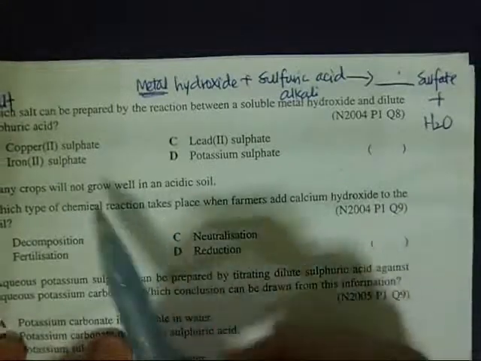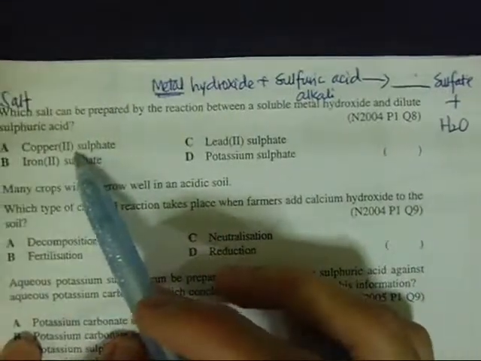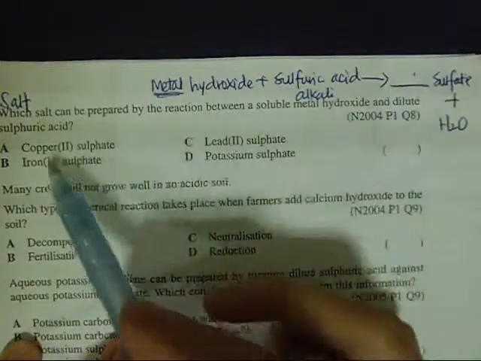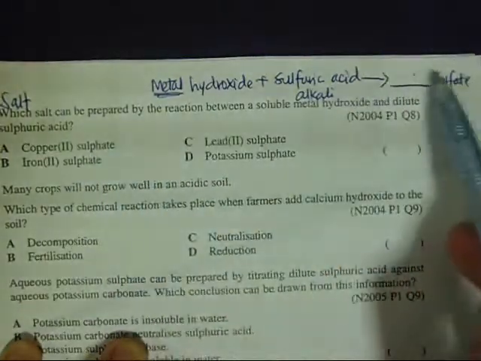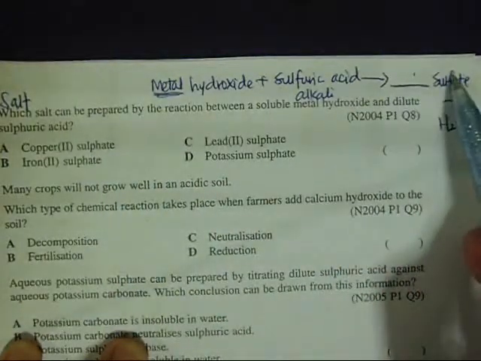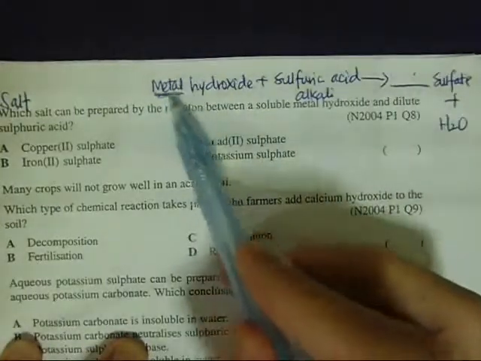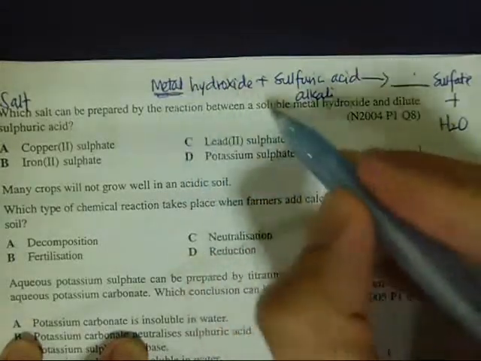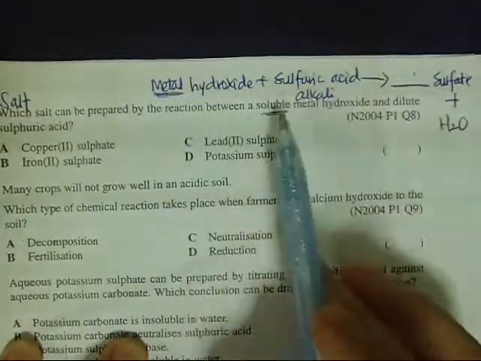Okay, so we look at the salt, copper 2 sulfate. If the salt here is copper 2 sulfate, of course this would be copper 2 hydroxide. Then you have to ask yourself, copper 2 hydroxide, is it soluble?